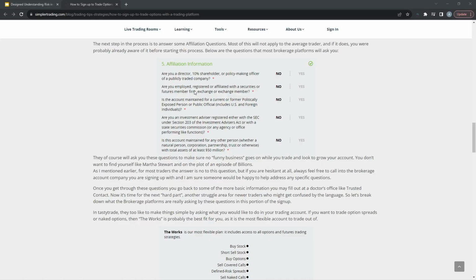Are you employed, registered, or affiliated with a securities or futures member firm, exchange, or exchange member? If you are, then you'll have to click yes. If not, then it doesn't apply. These are really specific questions. Usually it's just something they want to make sure about, like if you're registered with the SEC or anything like that, or if the account is maintained by another person. They don't want any funny business, right?